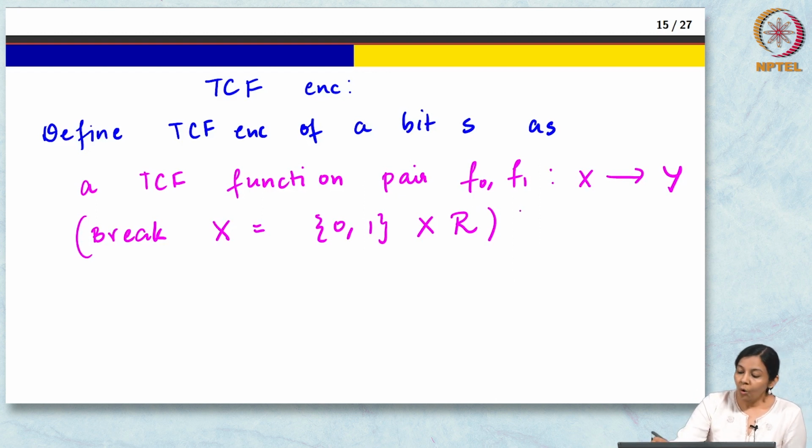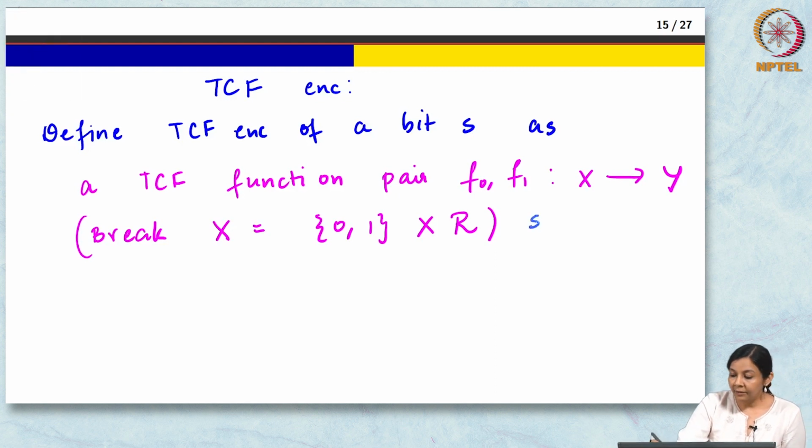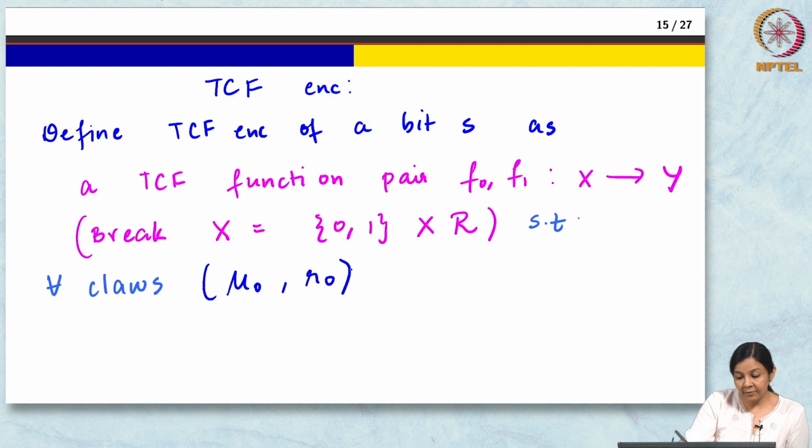So, how do I embed the bit S into this? I embed it as follows. I require that for all claws (mu 0, r 0), (mu 1, r 1) — I hope that this notation is not confusing anybody.